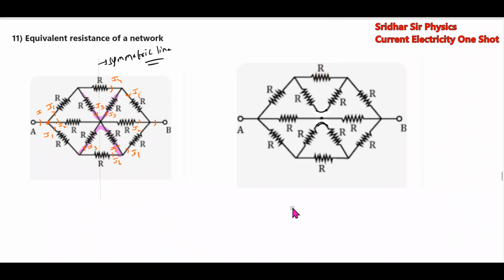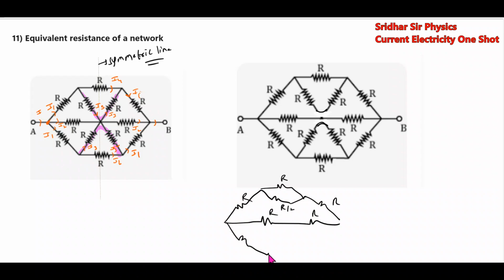Then the circuit will appear like this: R, R by 2, R, R, R.